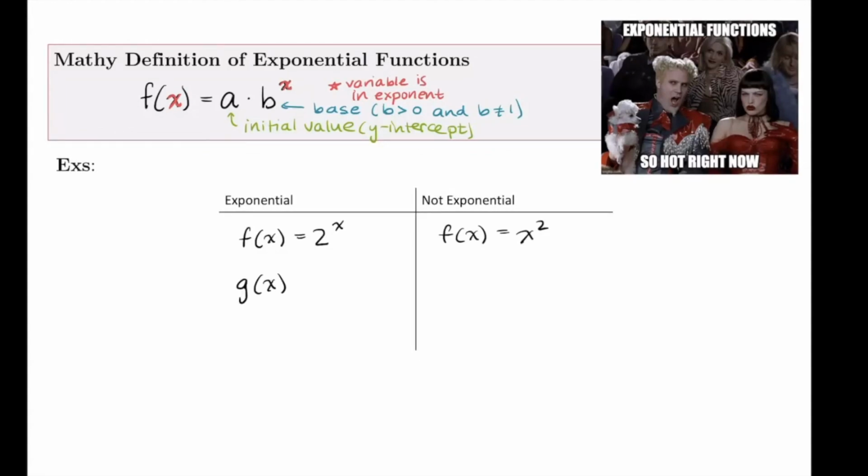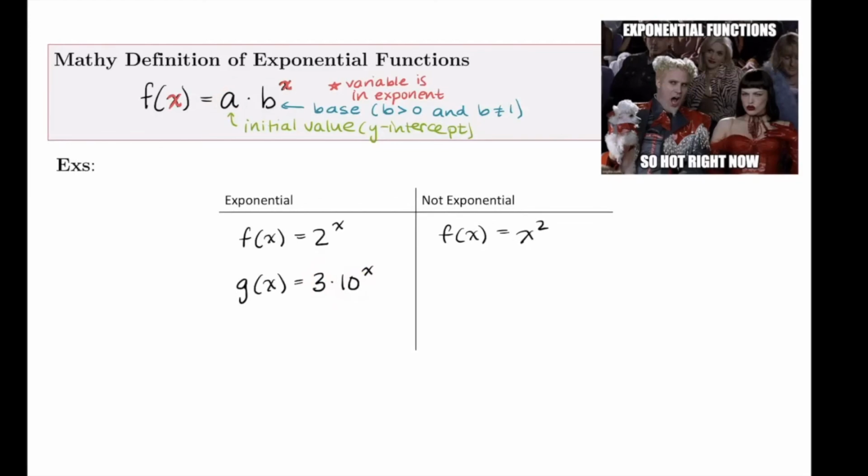Here's another example of something that is exponential, 3 times 10 to the x. Right, we've got 3, that's our initial value, the a here, and then the base is 10, and we're raising that to the x, and that's exponential, right, as long as we have our variable in the exponent.